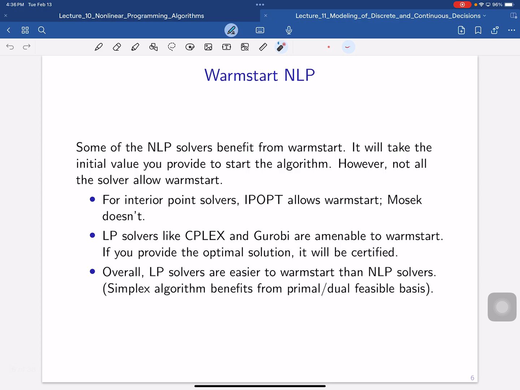So the other trick for solving nonlinear programming problems is to warm start. Supposedly you already know a good feasible solution for the NLP. It would be nice if you can just give an initial starting point for the algorithm. As you remember, in either the barrier algorithm or the interior point method, you are warm starting your algorithm from the previous iteration, right?